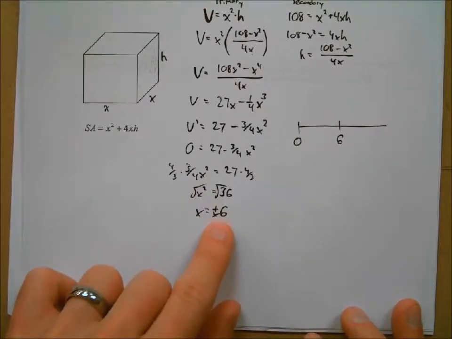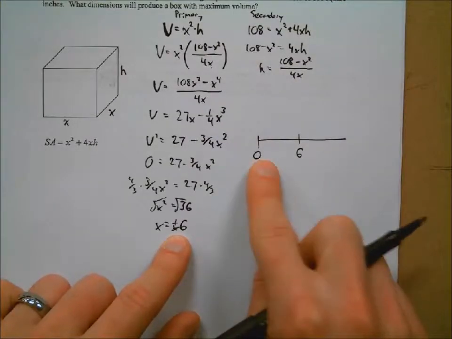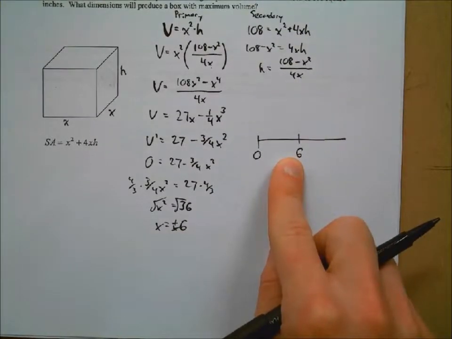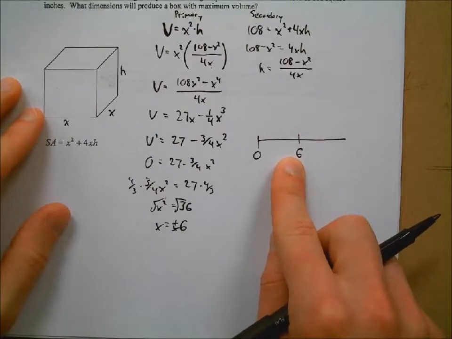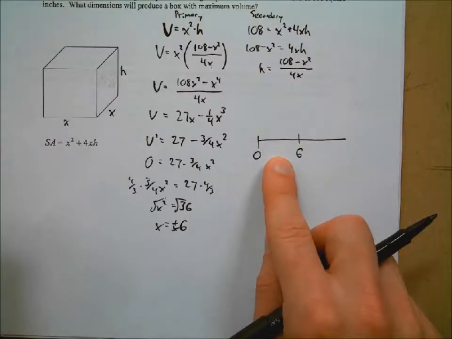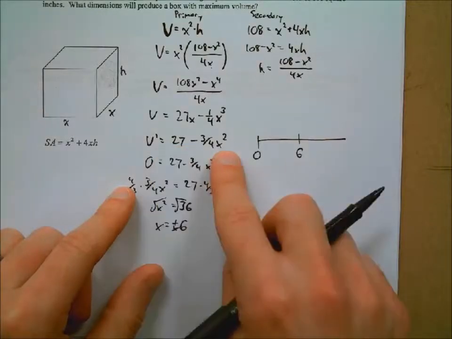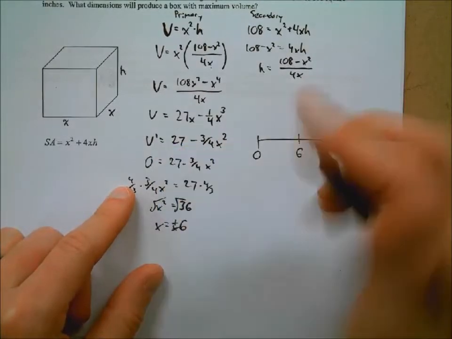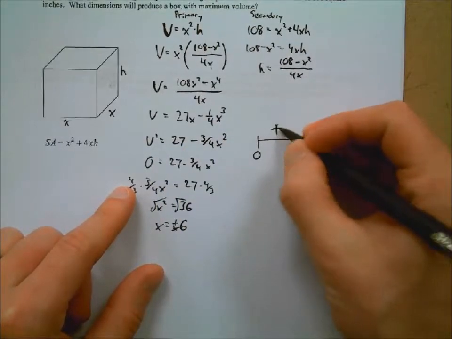So we're going to pick a number between 0 and 6. Let's say 1. We'll plug 1 into the derivative, because we want to see what the sign of the derivative is. Plug it in here for v prime. 1 squared is 1, so 27 minus 3/4, positive on that interval.